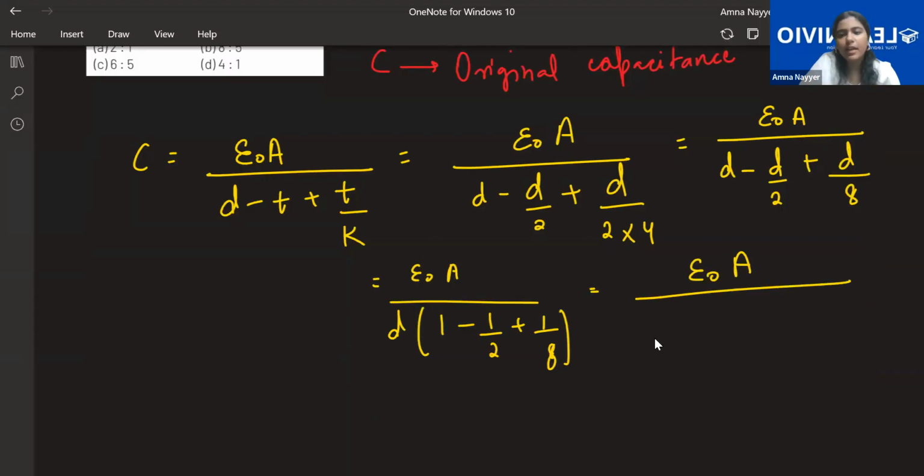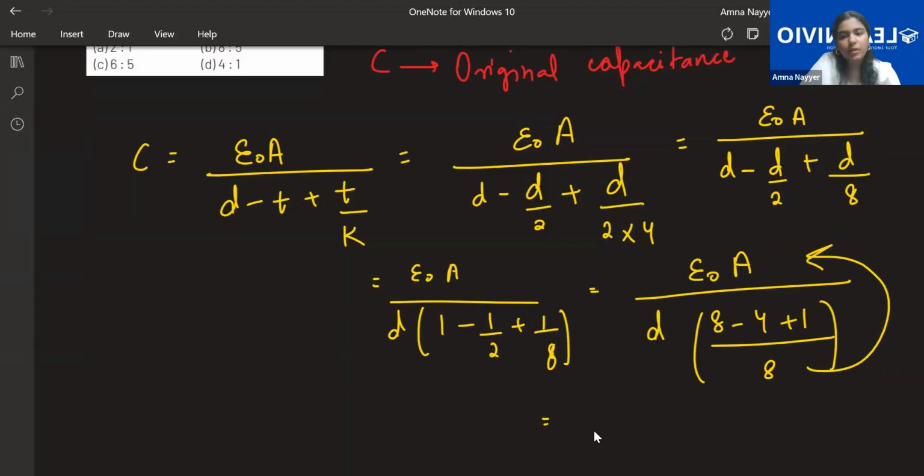Epsilon naught A by D, LCM is 8: 8 minus 4 plus 1. 8 minus 4 is 4, 4 plus 1 is 5. So this 8 will go up. It will be 8 epsilon naught A by 5D.